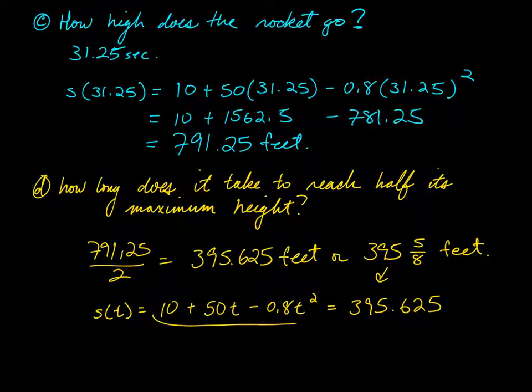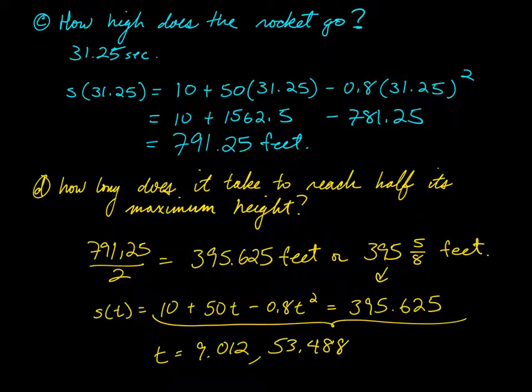Then you can solve this equation by using the quadratic formula, and you will end up with the following answers. The times are 9.012 seconds and 53.488 seconds. And you might be wondering why there are two times.